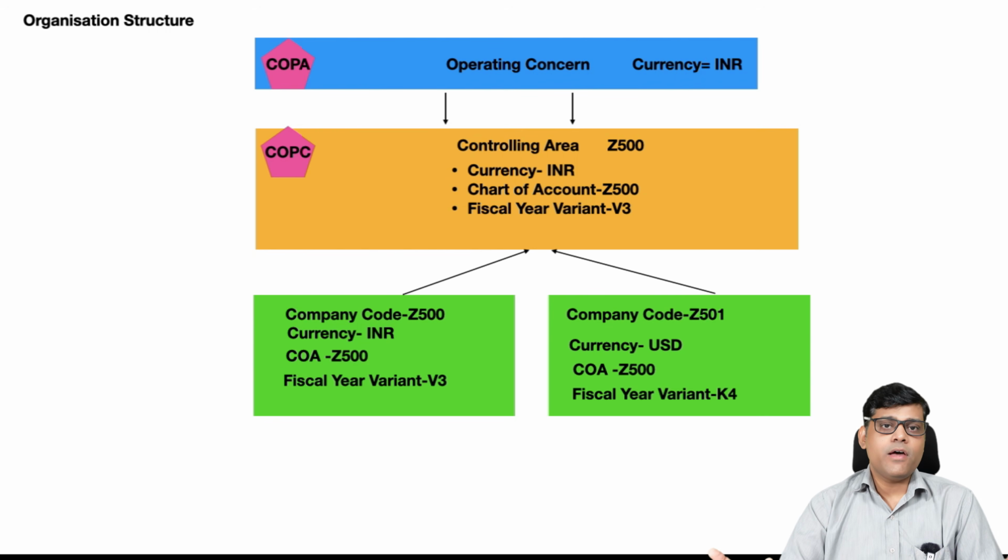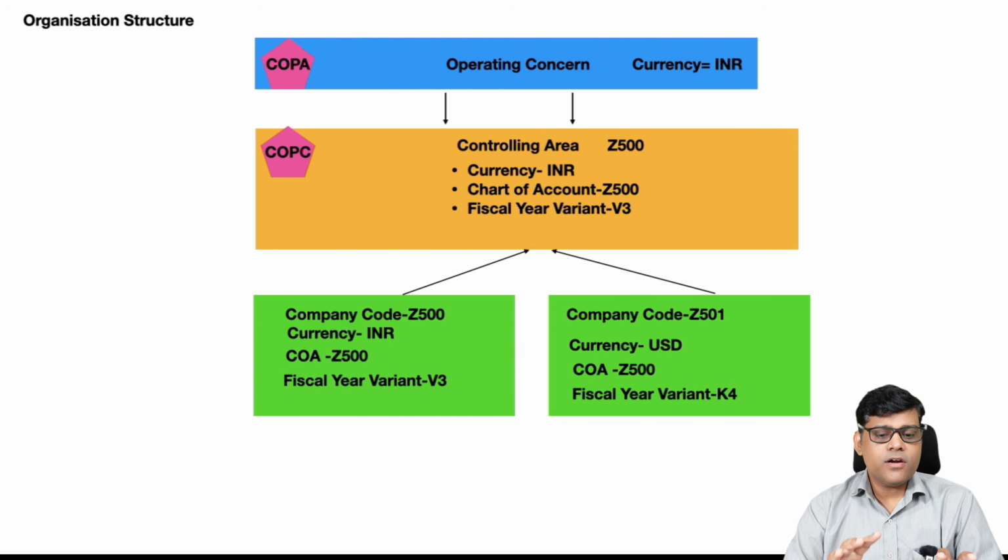Suppose I take euro as my operating concern currency for reporting; that is absolutely fine. So the controlling area currency and the company code currency can be different. Here I have taken INR for one company code with fiscal year variant April to March, that is V3. For the other company code, Z501, assume it is a US-based operation with local currency USD, a common chart of accounts, and fiscal year variant January to December, K4.